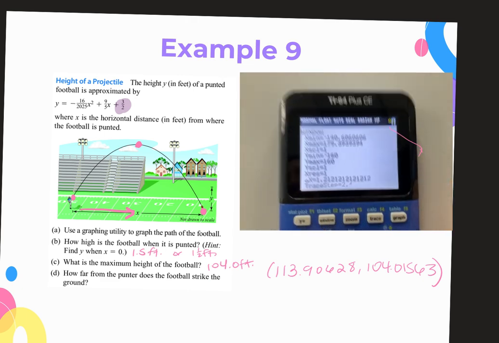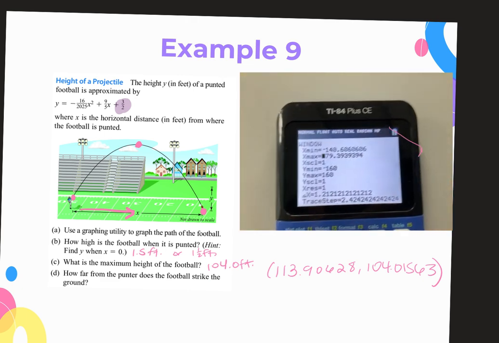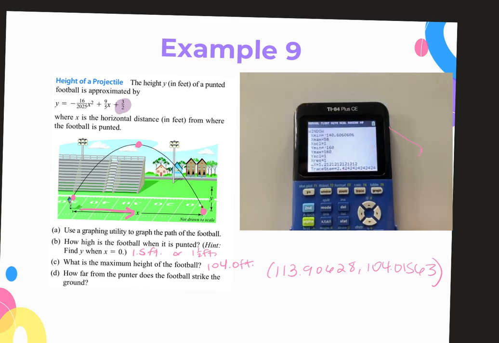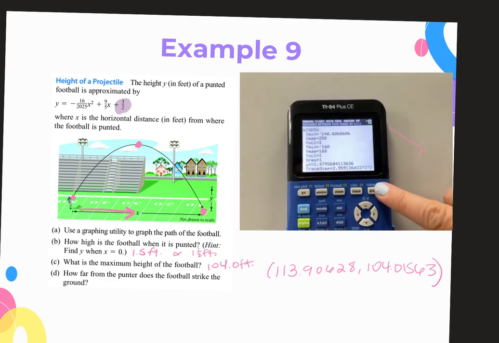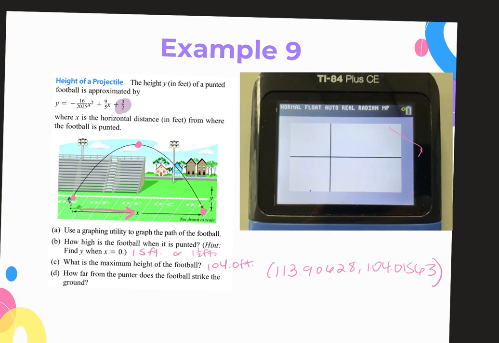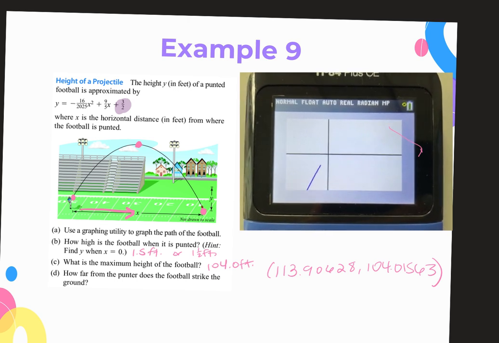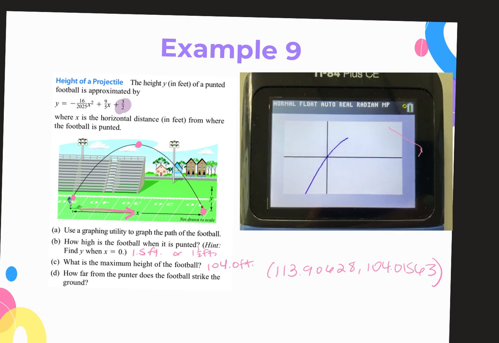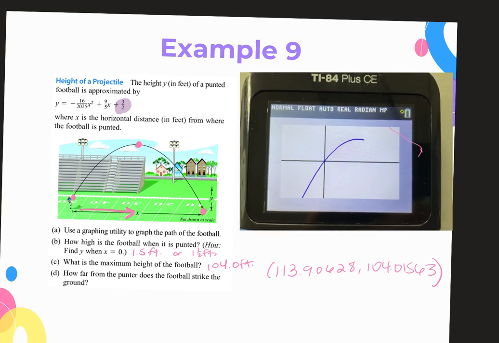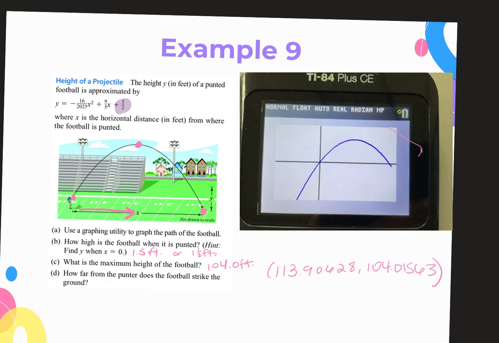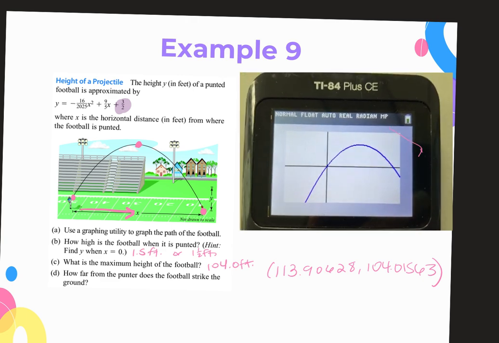If I adjust my window, now I want my X max to be further. So if I just did like 250 here, 580 is kind of big, but 250 to see if I can catch the whole thing. It crosses through my x-axis again.